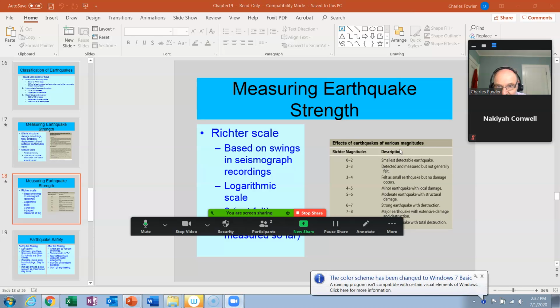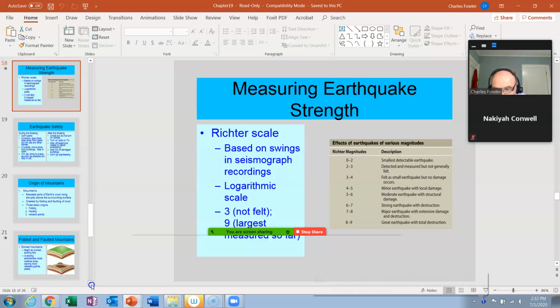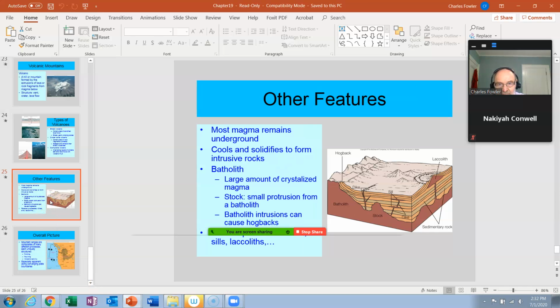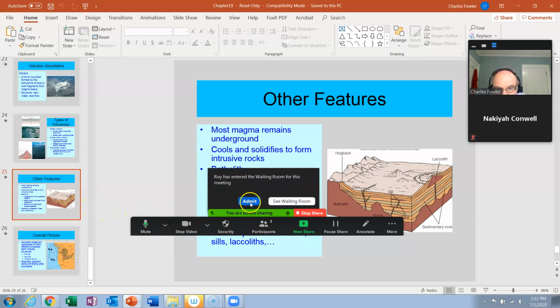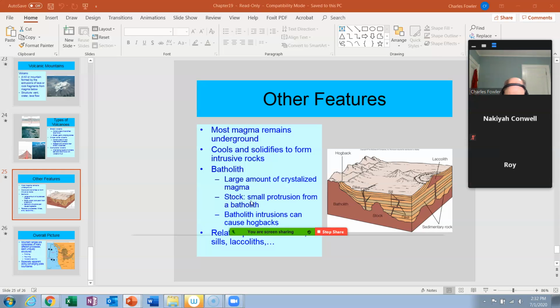We don't have much left to do in this section. Okay. All right. Oh, here comes Roy. Okay. So we doubled the class size just then as Roy came in.